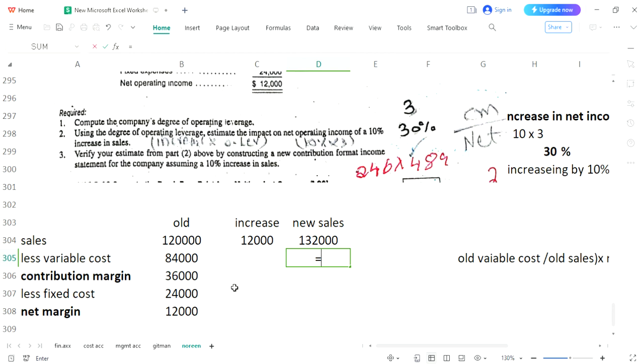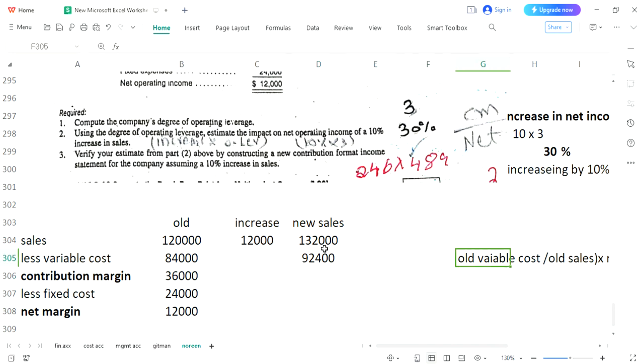Your old variable cost was 84,000. Please note it down and you will divide it with your old sale that was 120,000. Put your bracket on left side as well. And now you need to multiply it with your new sale, which is 1,32,000. Put over here 1,32,000. So here your variable cost has arrived.